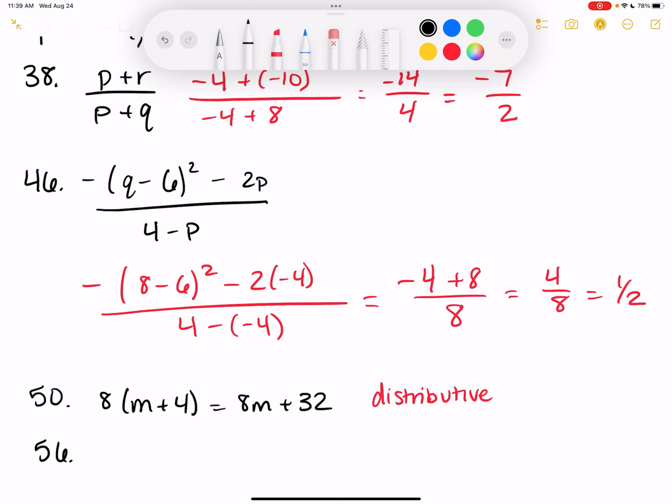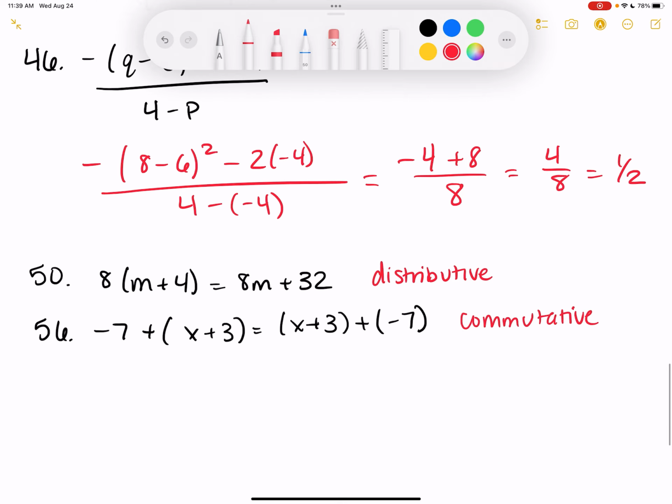There's no m. All right, 56. -7 plus x plus 3 equals x plus 3 plus -7. Commutative. I like these ones. Hope the rest of them are like this.